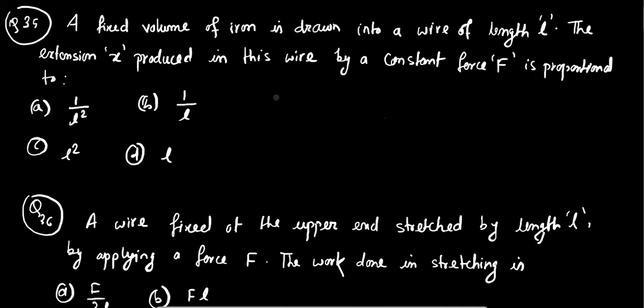It is given that a wire is formed by stretching a fixed volume of iron. Okay, so I'm going to write here first of all the formulation related with the Young's modulus, which is equal to force per unit area, that means this is stress, and strain, that means change in length, or we can say this to be extension, x, by original length.